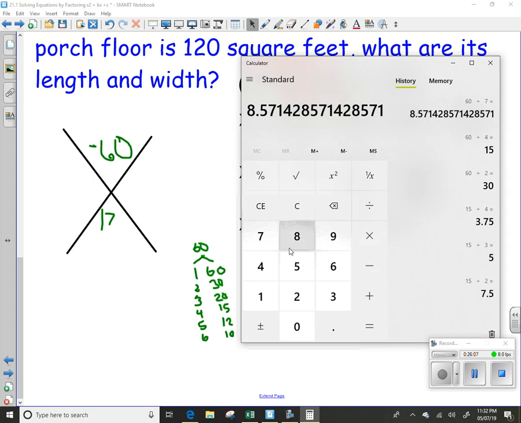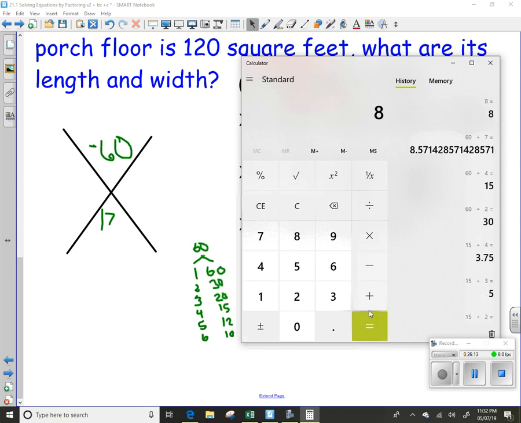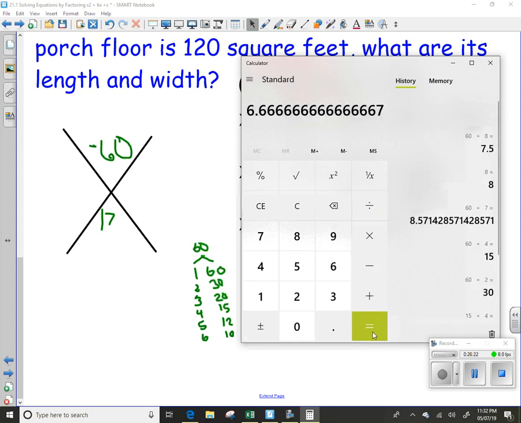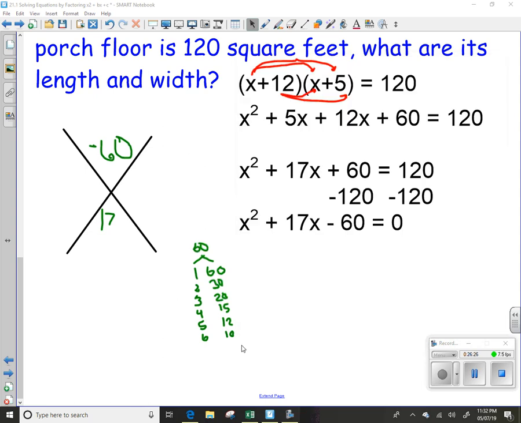Oh, decimal. Try 60 divided by 8. It's another decimal, so that doesn't work. 60 divided by 9. Another decimal, and there's 10. So now I have all my factors listed.